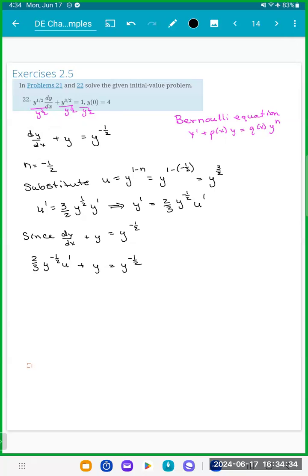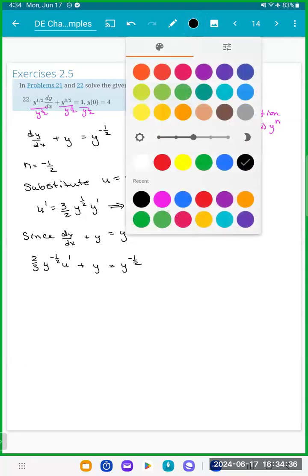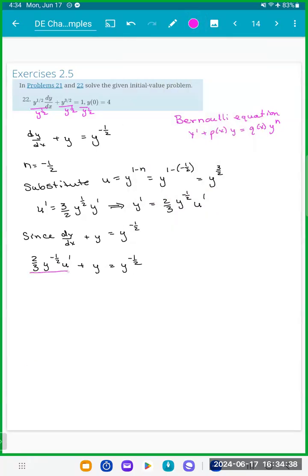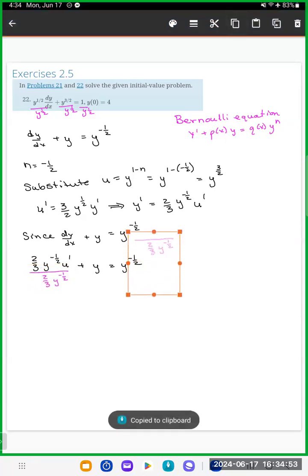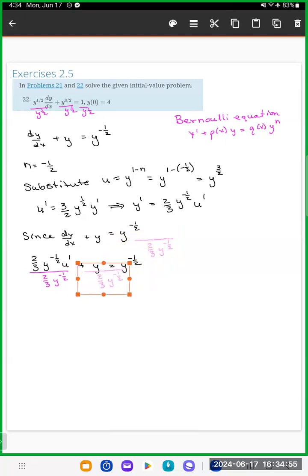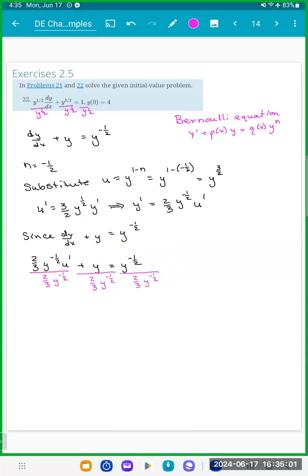Okay. We can divide everything by 2/3 y to the negative 1/2 because we're trying to isolate that y prime. So we have to do this for all terms, right? Do it for all 3 terms.